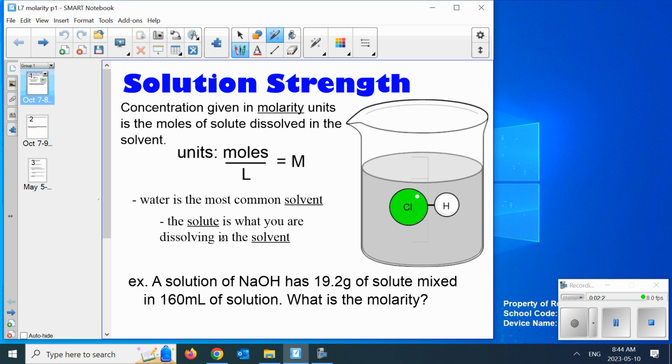And if I was talking about using a powder to make iced tea, the solute would be the iced tea mix, right? So basically sugar. If you're taking a teaspoon of salt and putting it in a cup of water, the solute is the salt, NaCl. Does that make sense? So solute is what you're dissolving in the solvent. Okay?